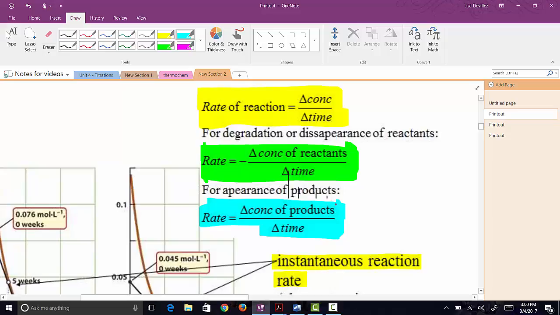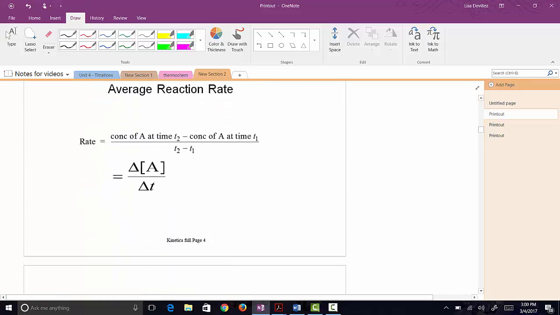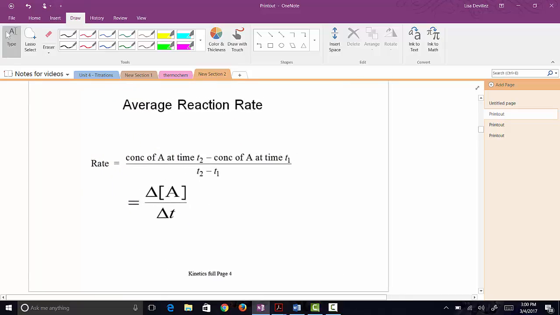So if you see rate equals negative and then a number, the negative just means that we're dealing with a reactant and that it's decreasing.